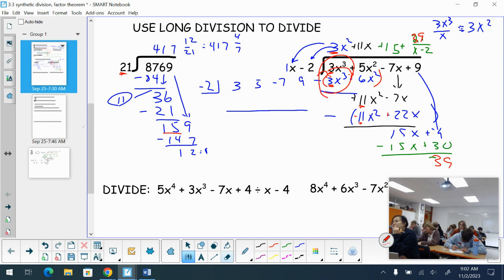My first coefficient is a value of 3, which is the first coefficient in my solution. We multiplied 3 times -2 to get -6. I could take the 3 times the -2, just like in synthetic substitution, to get -6.